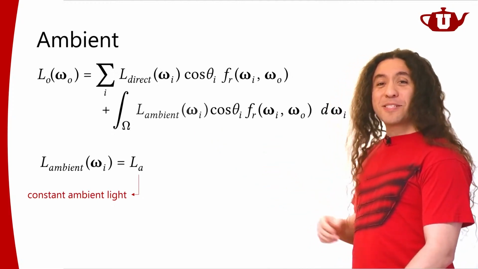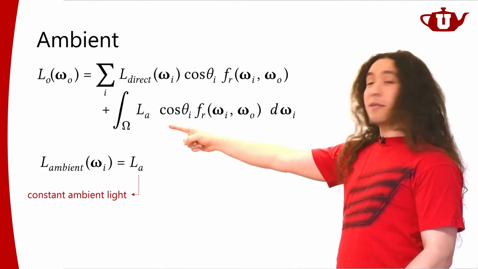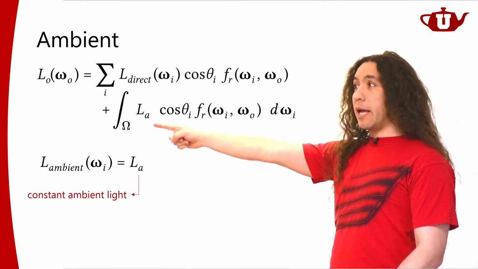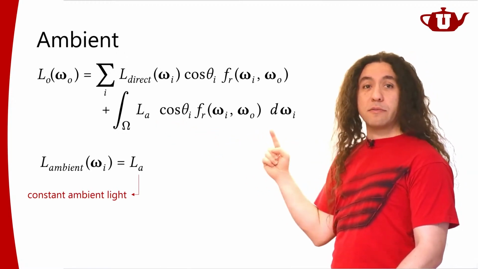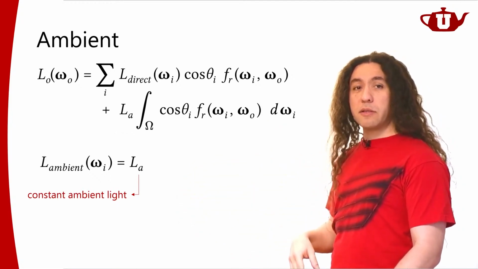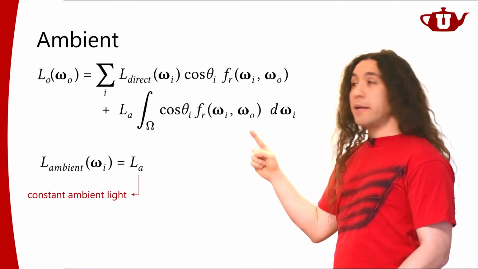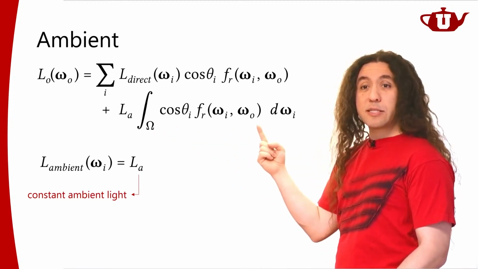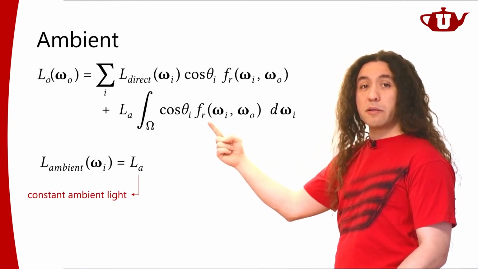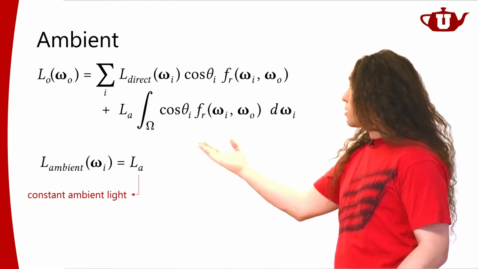Well, you'll see that when I put it down here, this term does not depend on the incoming direction, omega, right? So it just goes out of the integral. Now I have these terms here that don't depend on lighting. It just depends on the material, and this is the geometry term, right?